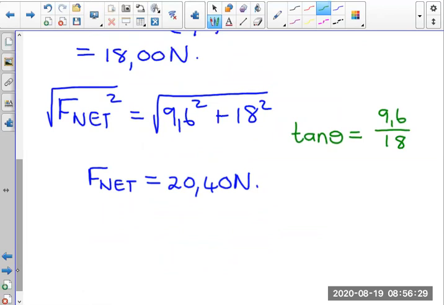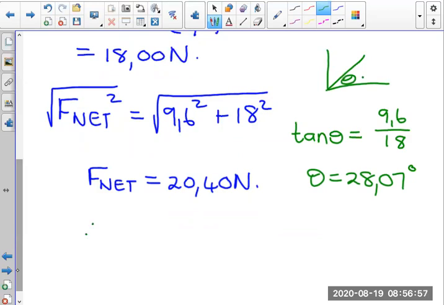On the calculator, we put in shift and then tan and then bracket 9.6 over 18, close the bracket, and then the angle will be 28.07 degrees. But remember, this is the angle with this one, so we have to describe the direction.